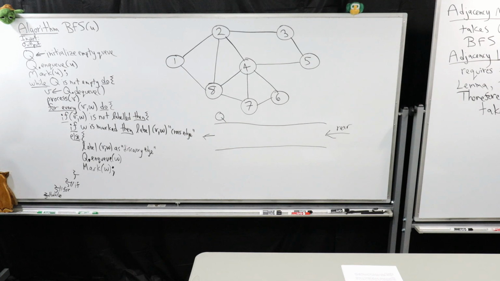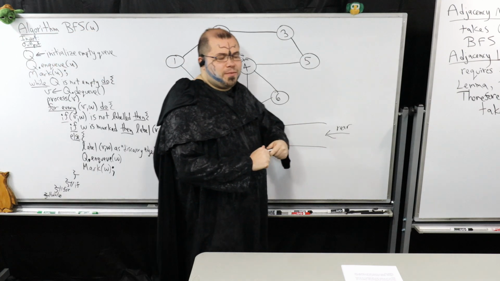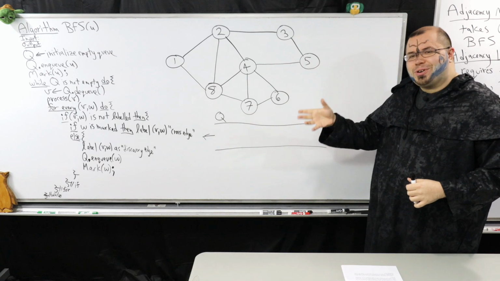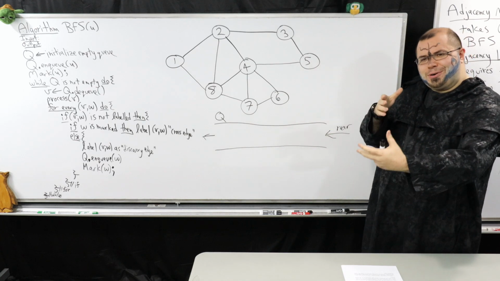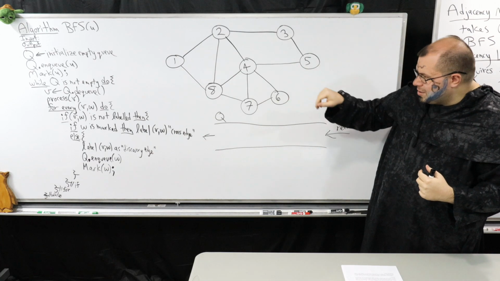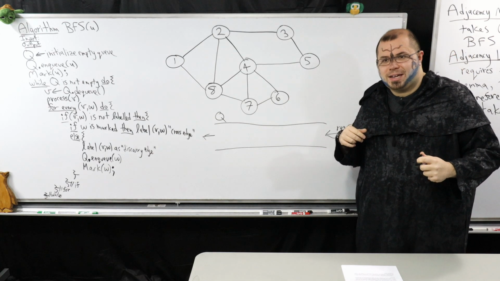So that's generally the idea with breadth first search. Once you understand depth first search, breadth first search is simply the same idea with a queue instead of a stack, and there are just some small wrinkles in how we carry this out.